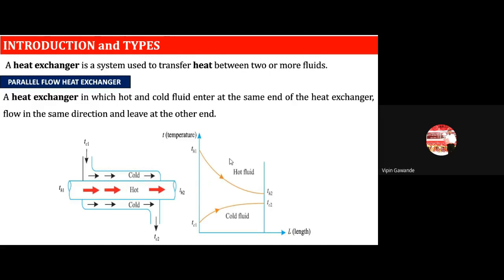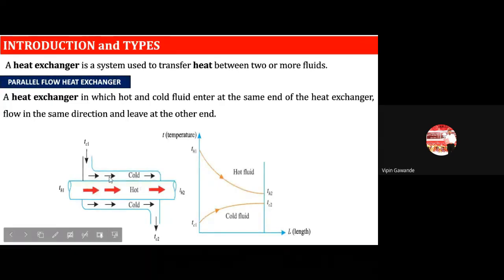Now, when we plot this system on the temperature and length diagram, this is the length of the heat exchanger on the x-axis, and on the y-axis we have the temperature. This is a very important diagram because we need it for solving the numericals. The cold fluid enters at Tc1 and leaves at the temperature Tc2.